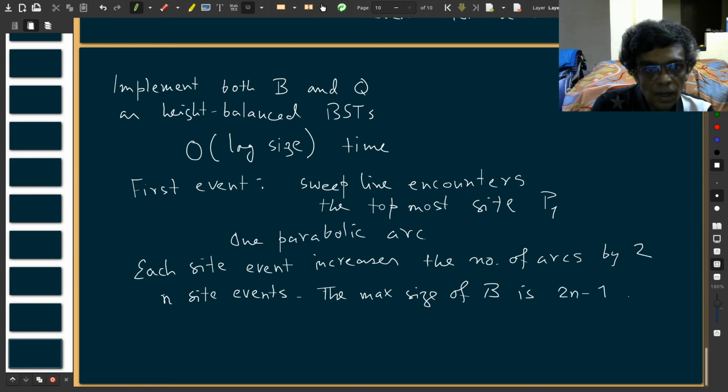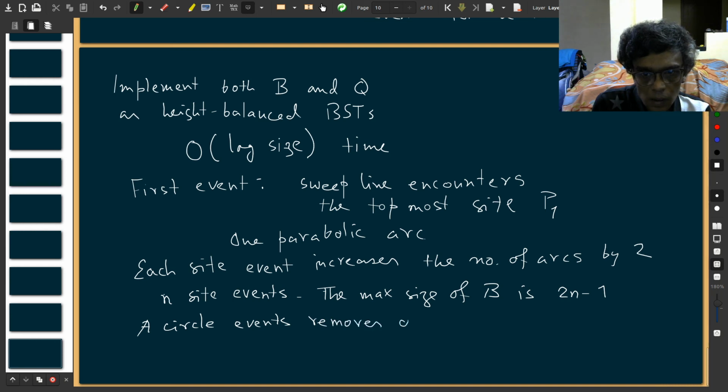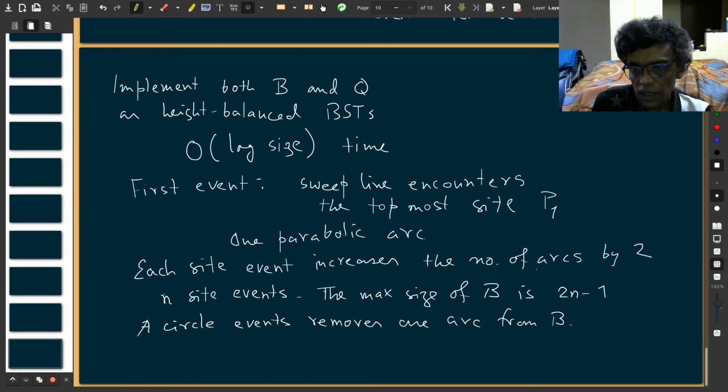And it's also important to see that a circle event removes one arc from B. Whatever it is, this 2n minus 1 is an absolute upper bound. So 1 plus 2 plus 2, n minus 1 times, this is 2n minus 1. And if in between some circle events happen, the size of the beach line may reduce, but this is the absolute maximum.